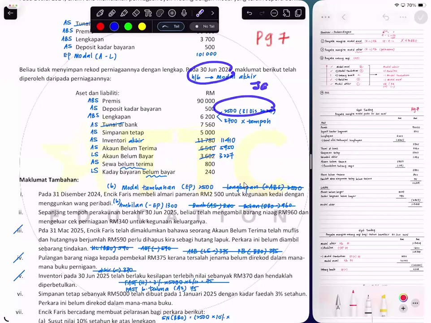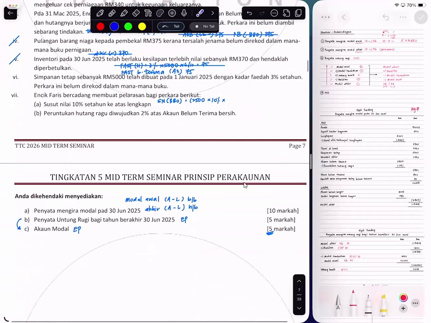So it is starting from January until June. So it is again 6 over 12 months, right? So times 6 over 12. Then add the one with the old portion, which is 3,700 times full year 10%.